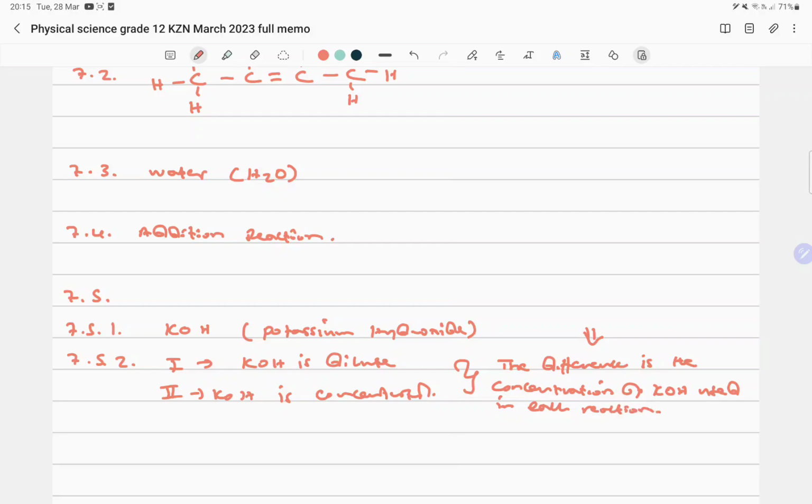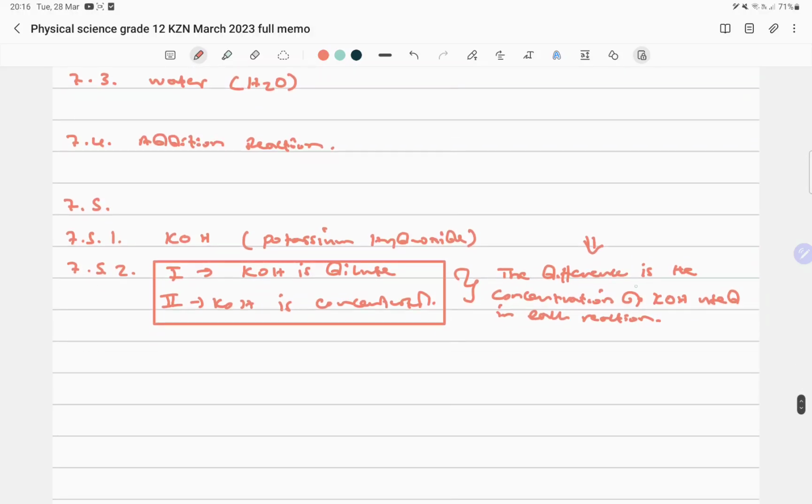So I think this answer is better than this one. This one is more specific to each, but at the end of the day, they are just different in that the concentration is the only thing that's different. One is concentrated, one is not concentrated. So I would perhaps write that answer.